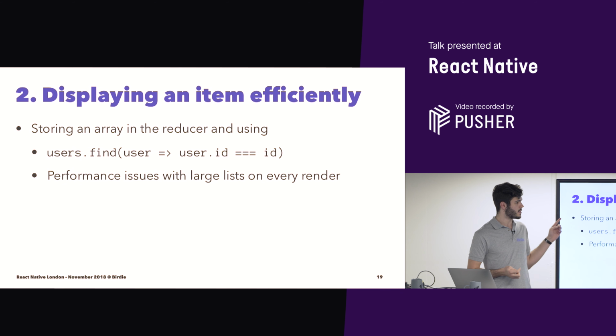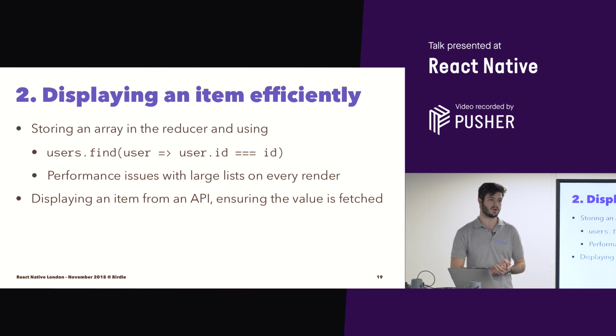But doing that many times per second in some cases on a list of 200 items can be very memory consuming and can take quite a bit of time. We've had exactly this use case at Birdie, and the app was going extremely slow when clicking one client. And every time we were rendering, the app was just really slow.